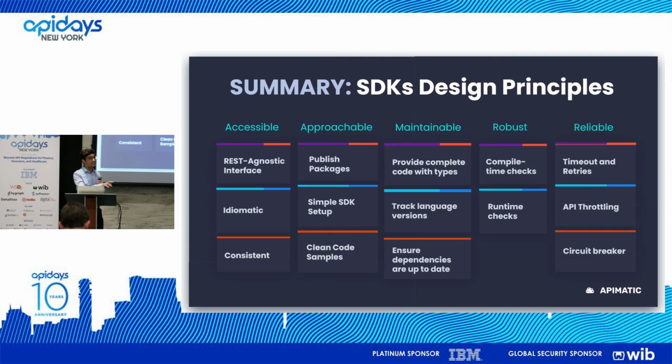And these are the ways that you can help make that happen. That's not all, but you can think along these lines. For example, to help increase robustness of API call code, you can provide more API-specific error handling. So in case of a payment API, you might want to make sure that API calls are idempotent. So you build that ability into the SDK so that users have an easier time writing code against your API.